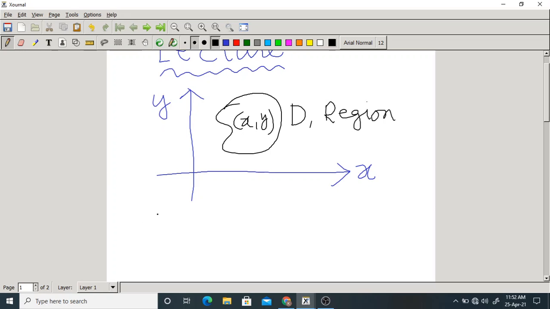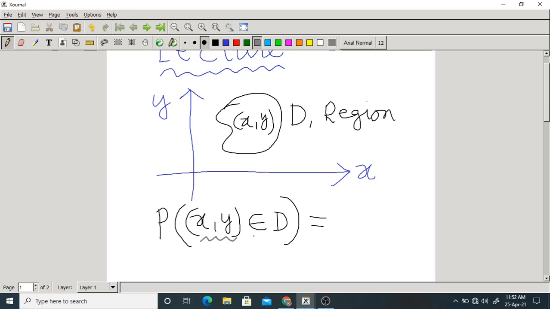Suppose I want to find the probability that x comma y belongs to D. Here we are dealing with two random variables x, y, and what I am asking is the probability that they belong to this region D.